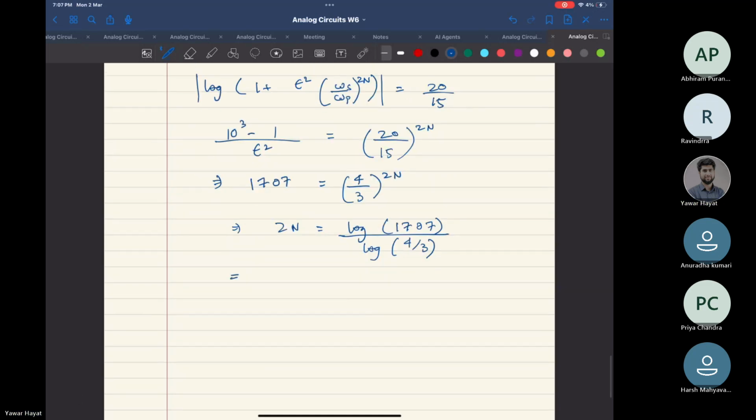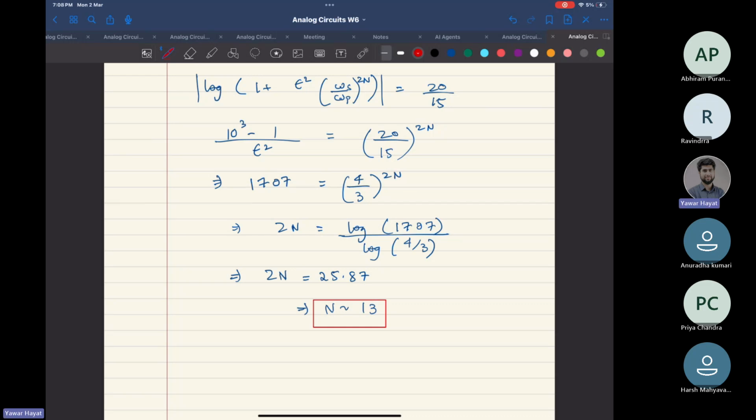Which implies 2n is how much? 25.87. That gives n as 13. So n is 13.